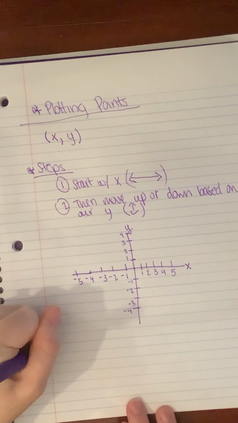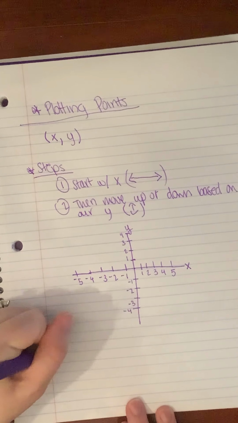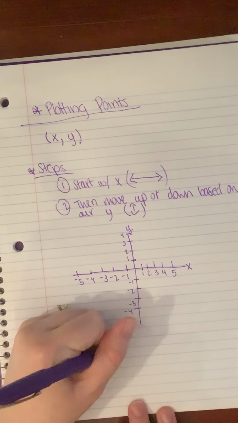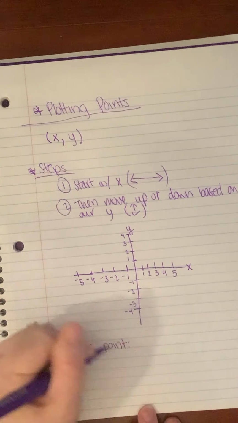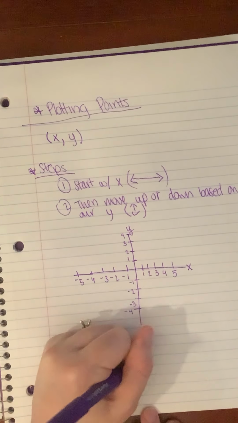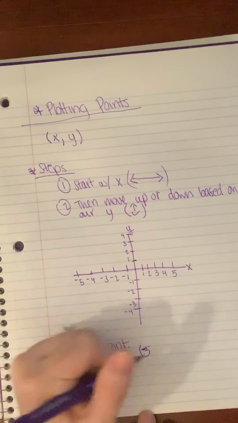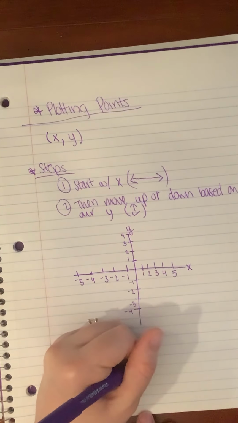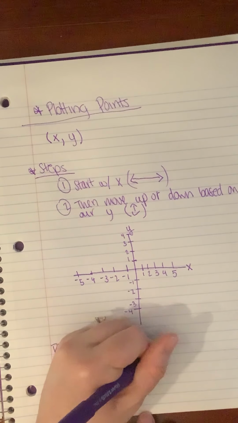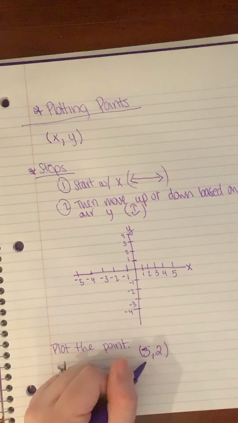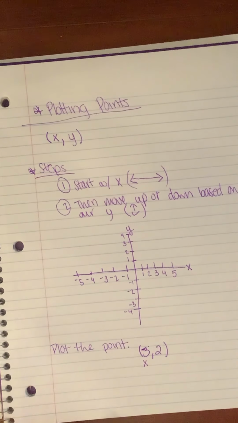All right, so let's say we are given the point. So you will see directions that say something like plot the point. Let's start with (-3, 2). Okay, so remember, our first number is representative of our x.